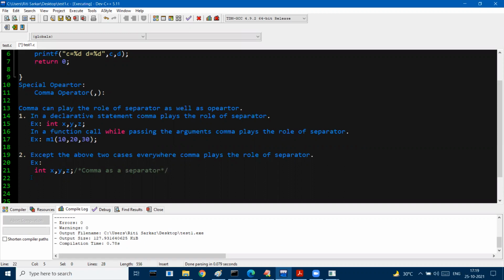Now I'm writing z = (x = 10, y = 5, x + y), and lastly I'm writing printf("%d", z).